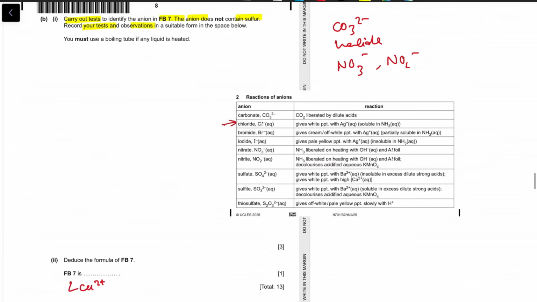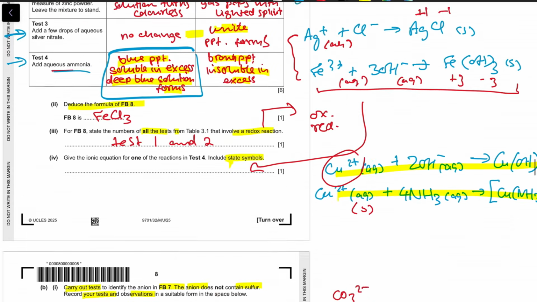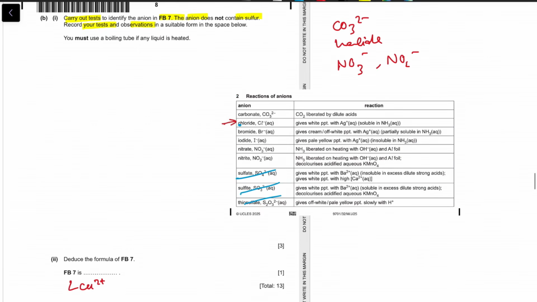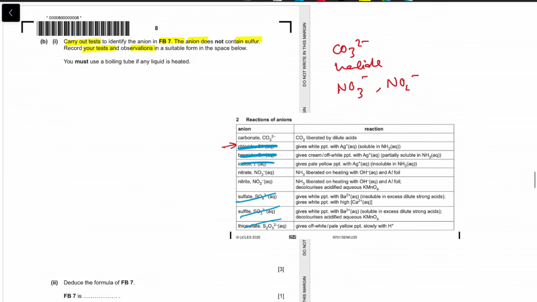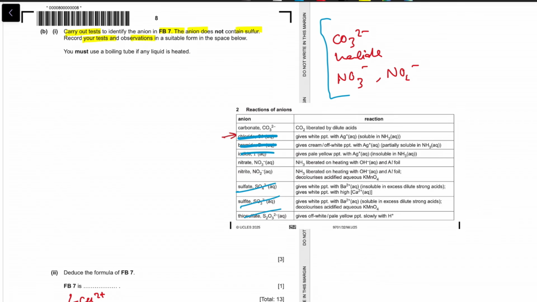Now we just need to find the anion, and they said it doesn't contain sulfur, so you can already cross off these from our anions table. And then if we look back here, we said that there was no change with silver nitrate. This means there are no halides, so we can also cross off these 3. Therefore, we have to distinguish between whether it's going to be a carbonate ion, a nitrate, or a nitrite.